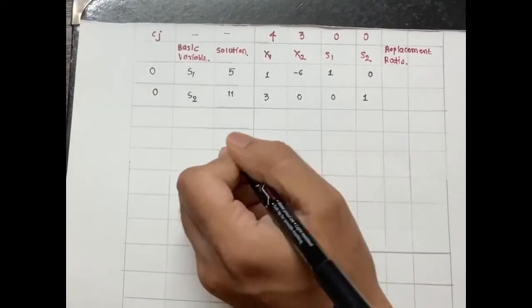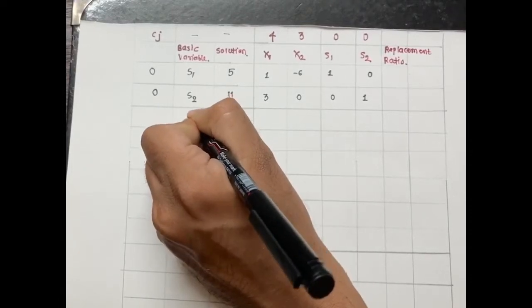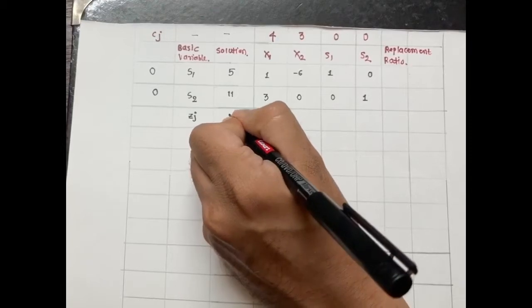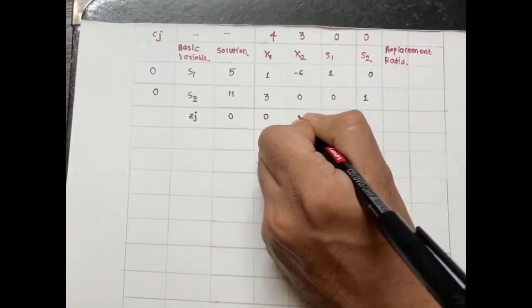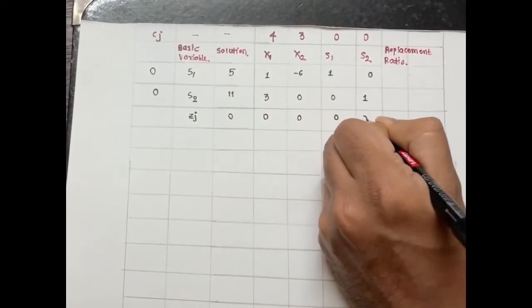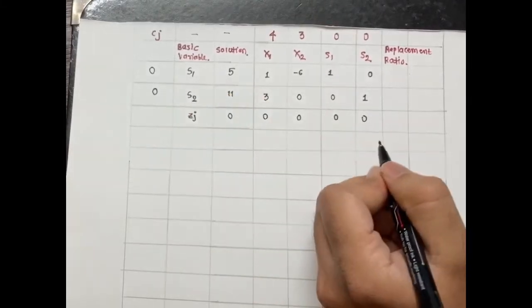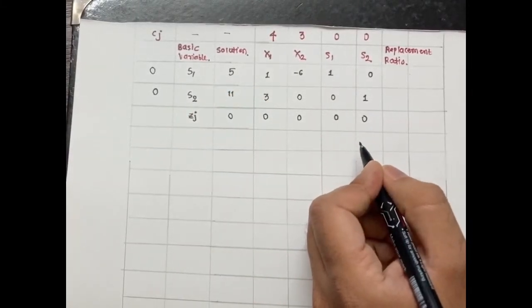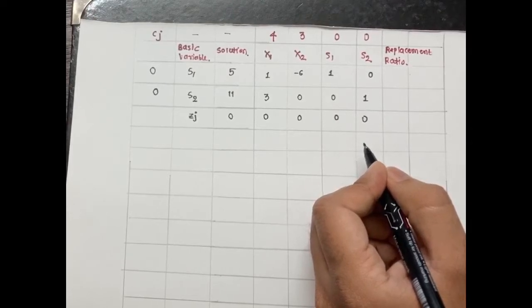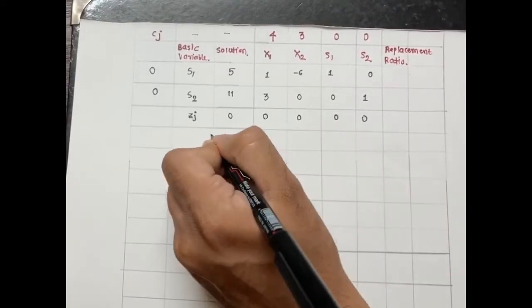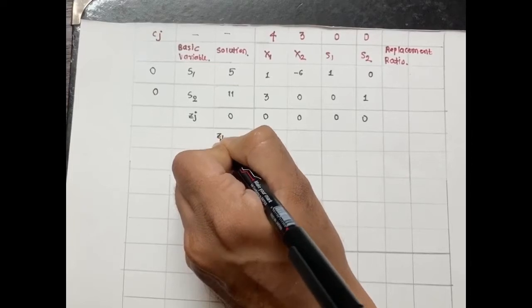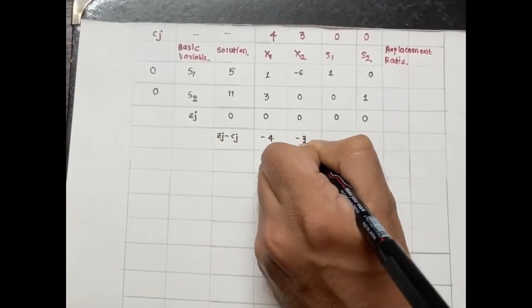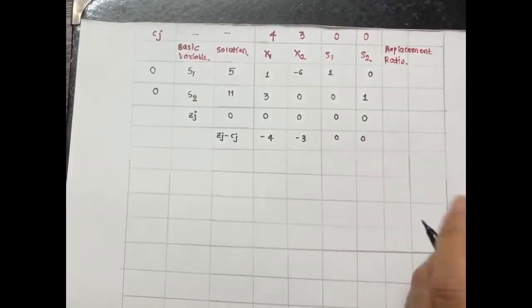Now if I compute the Zj values, they will be 0 for all the cases, as the coefficient values of the basic variables are 0, 0. If I do Zj minus Cj, it will be minus 4, minus 3, 0, 0.